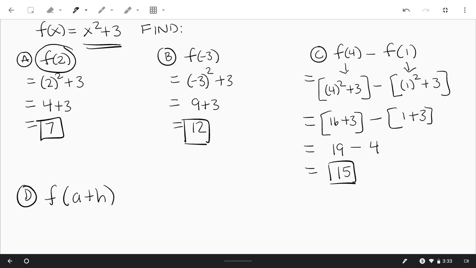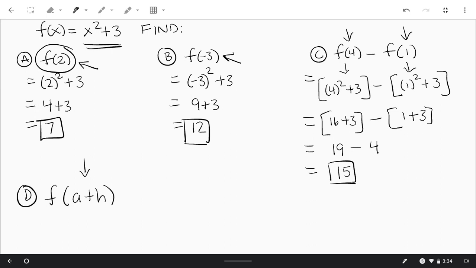Okay, so again, whatever's inside here, inside the parentheses, that's what you want to replace all the x's with. So just like in example A over here, 2 is inside the parentheses, so I replaced all the x's with 2. Over here in example B, -3 is inside the parentheses, so I replaced all the x's with -3. And then over here, first I replaced all the x's with 4, and then I replaced all the x's with 1, and then I subtracted those two answers.